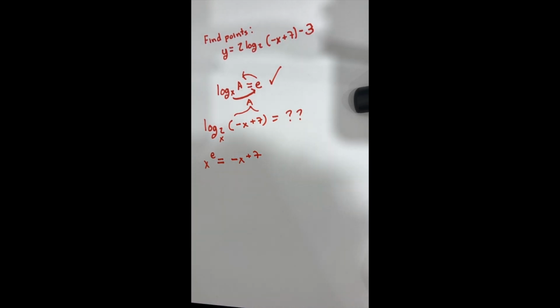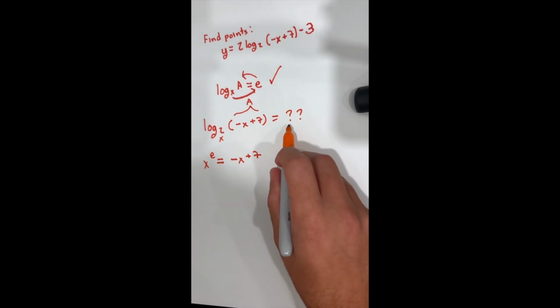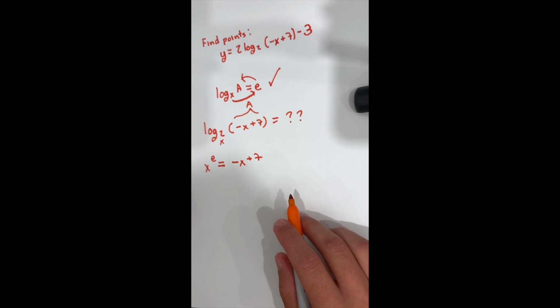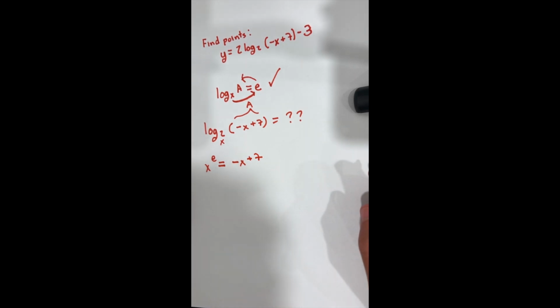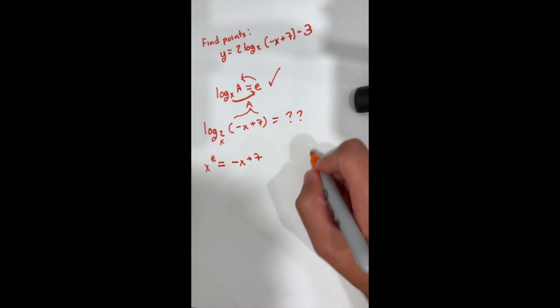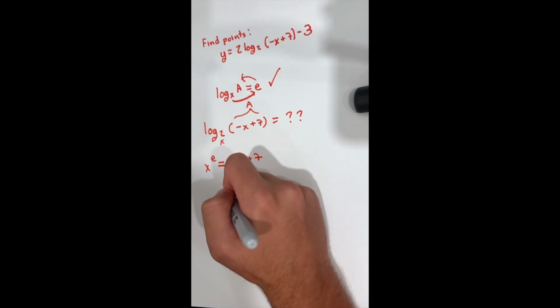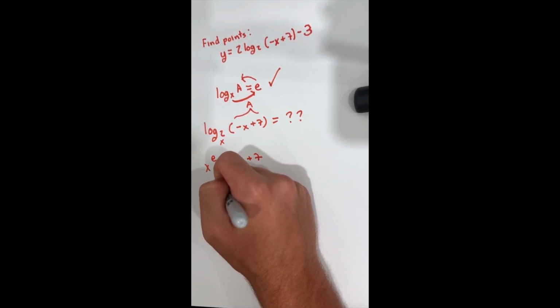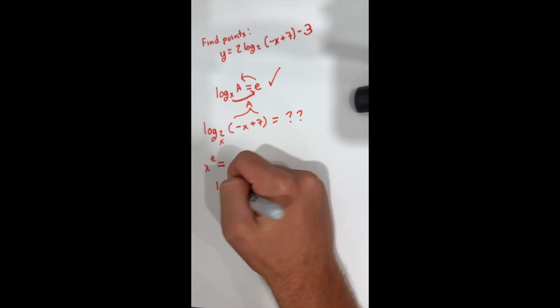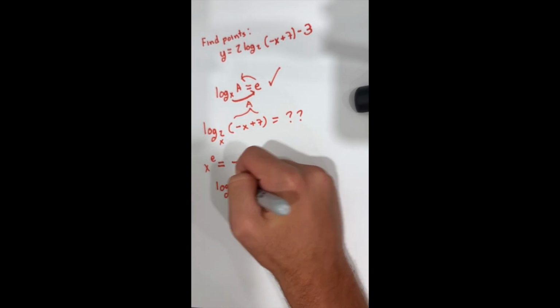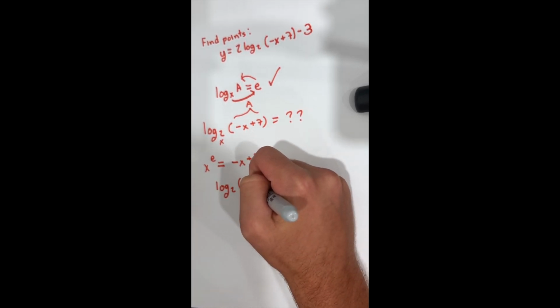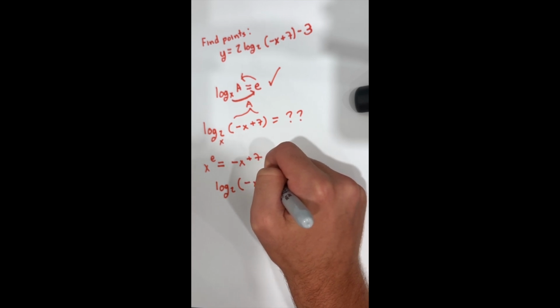So how do we find x? Because at the end of the day we need to find the points. Well, at the end of that function that we have separated, we could add any number. Let's say we want 2 to be to the power of 0. So we could rewrite the function as log base 2 of negative x plus 7 is equal to 0.